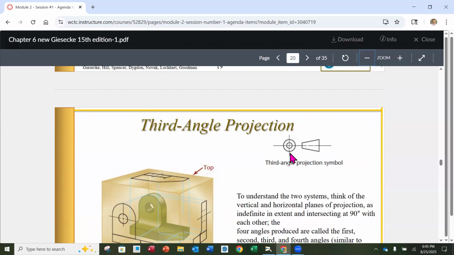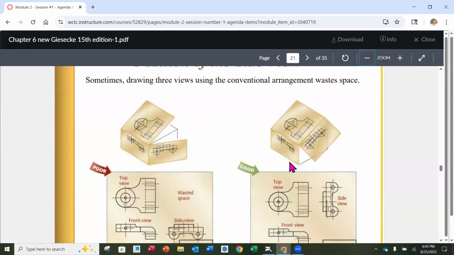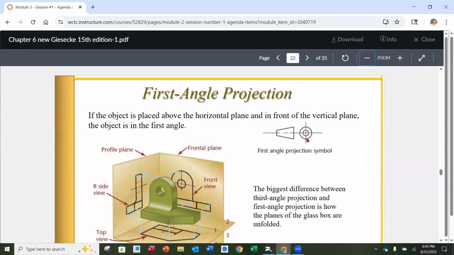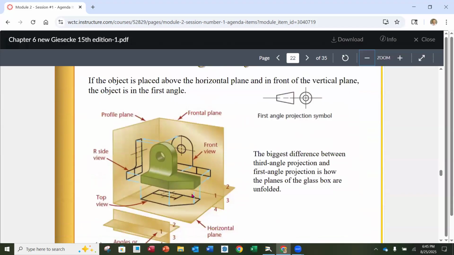Now, just because something is a metric drawing does not mean it's in first angle projection. Actually, most drawings are in third angle because they're generated here and they're used here. But if you have a company that you're working for and they have a subsidiary or they bought a company in another country and those were engineered and drawn there, there's a good chance they're in first angle projection and it's all backwards.